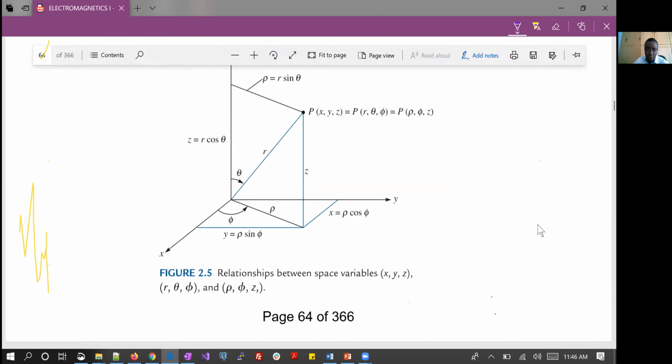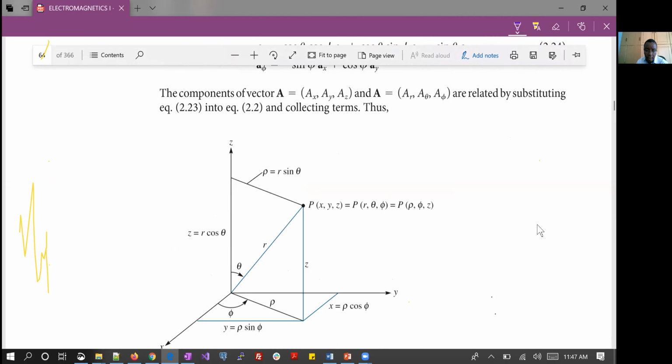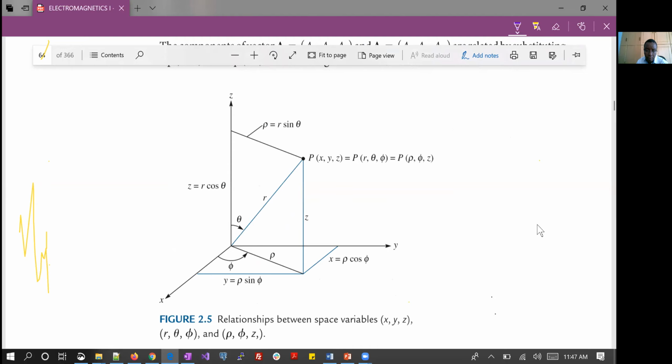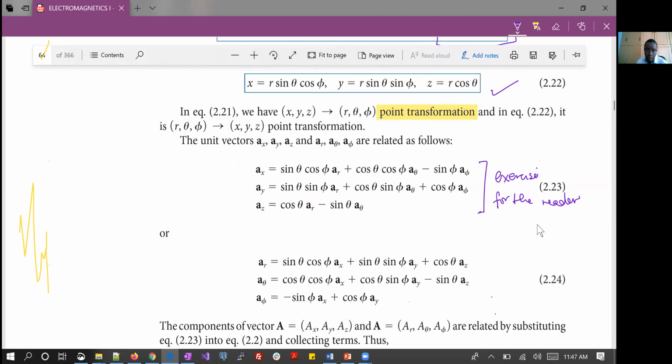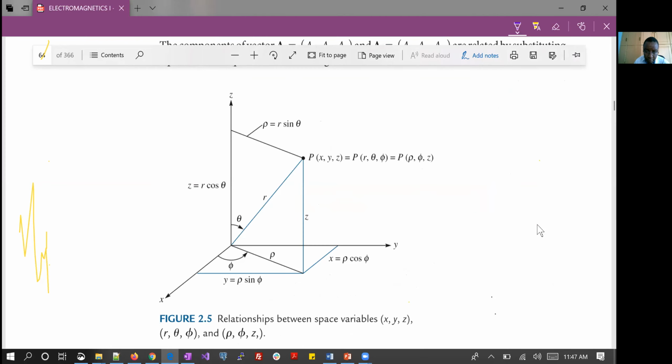And we are saying now that if you wanted to find x in terms of r sine theta, we want to find the dimension of x, which is represented by this point.